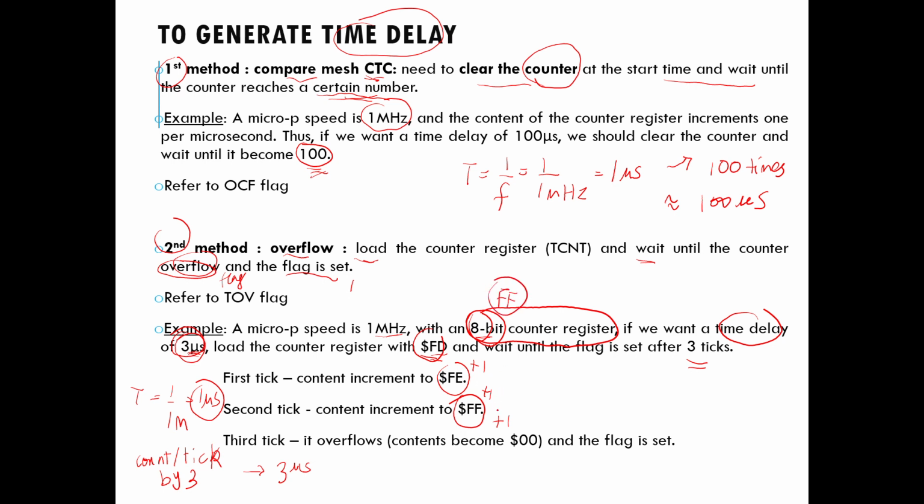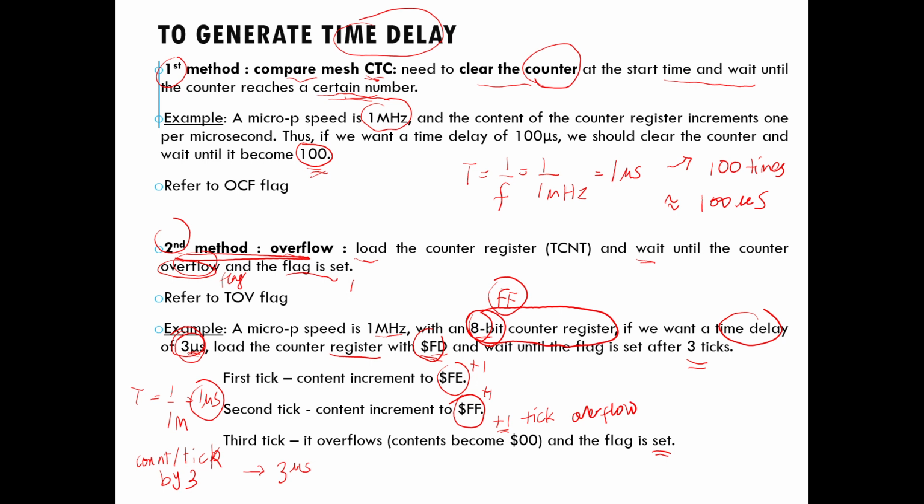So once the third tick comes, the content of your counter register overflows. This happens because you are using the second method, in order to get the overflow flag to be 1.